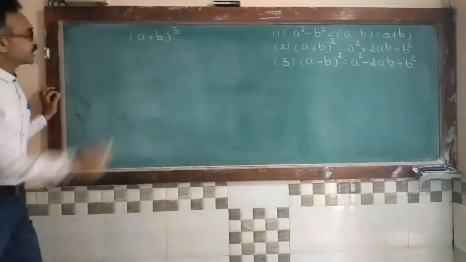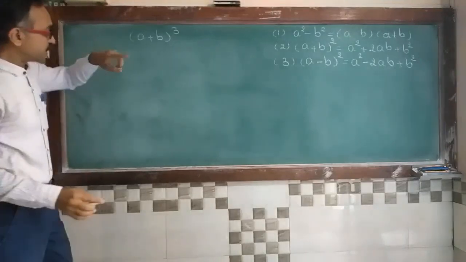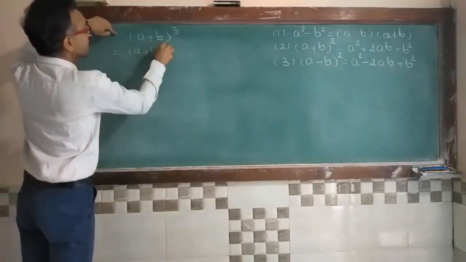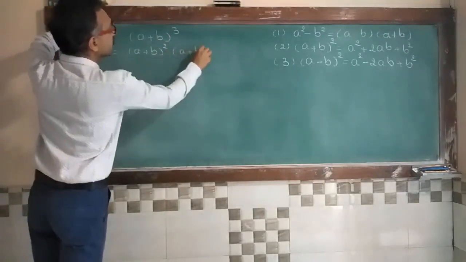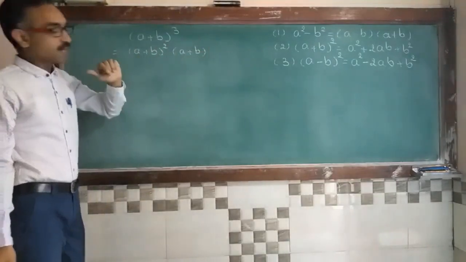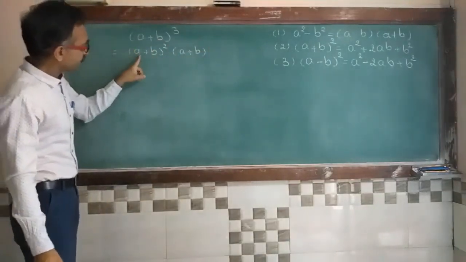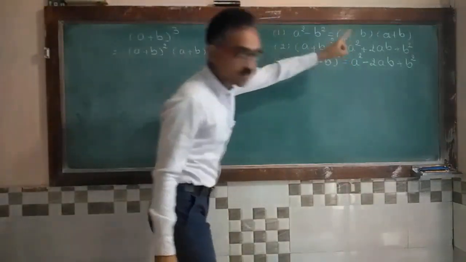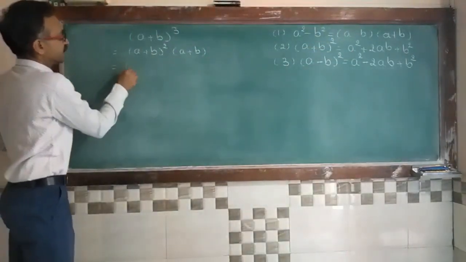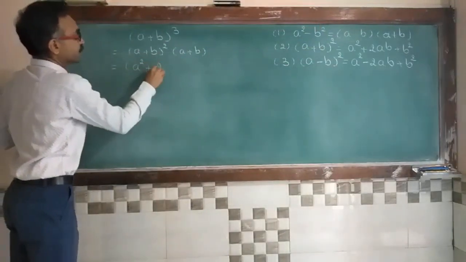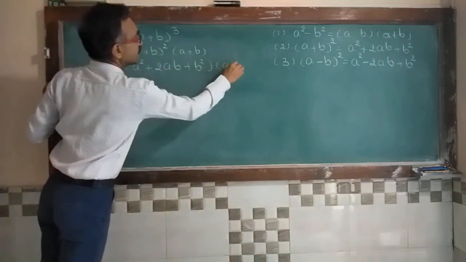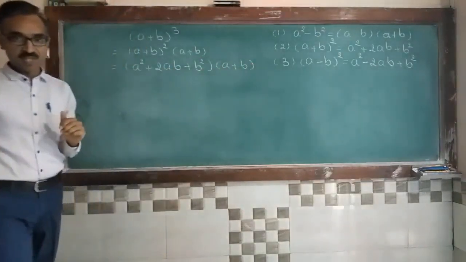As we know, a plus b whole raised to cube means a plus b whole raised to square into a plus b. We have already proved that a plus b whole raised to square is a square plus 2ab plus b square. That means a square plus 2ab plus b square into a plus b.